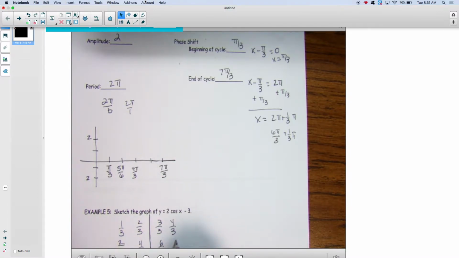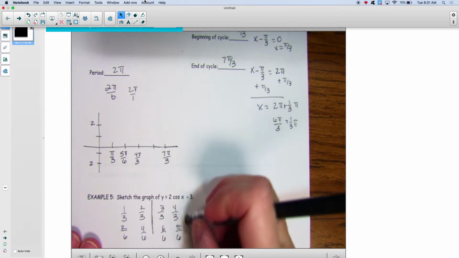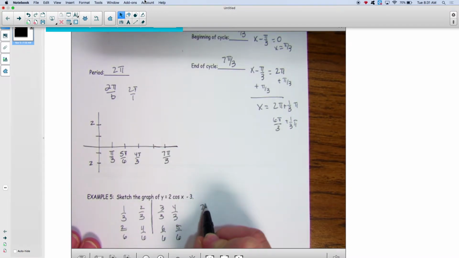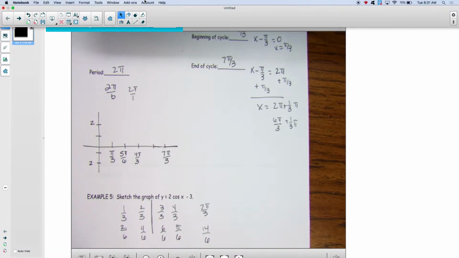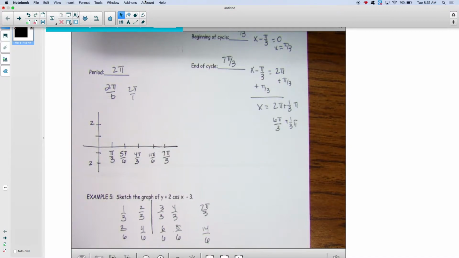Now I need to find what's halfway between 4 pi over 3 and 7 pi over 3. So this is 8 sixths, this is 14 sixths. How about 11 sixths? Yep. There's where you guys are going to struggle the most.